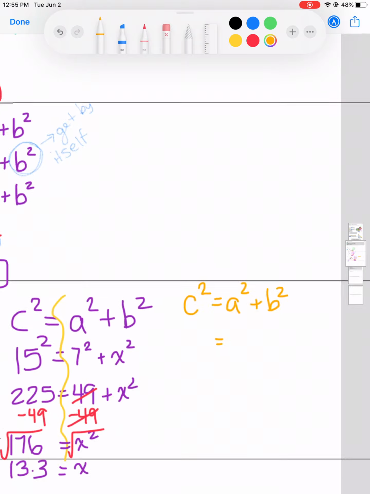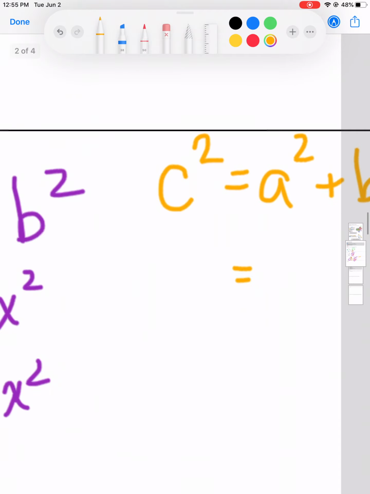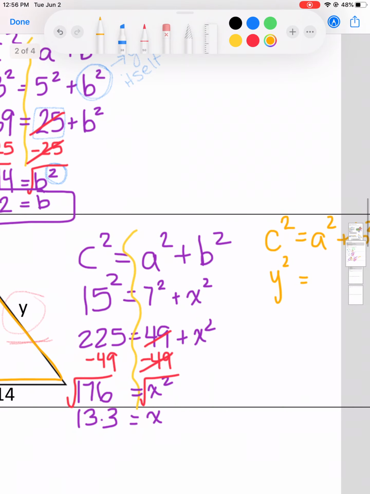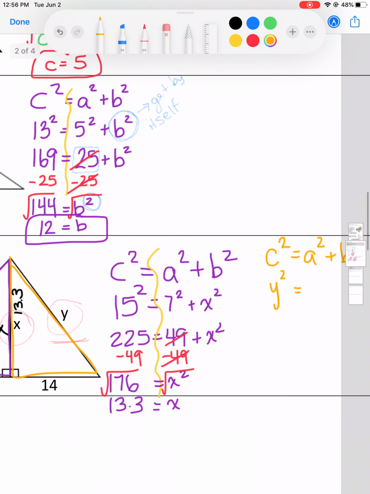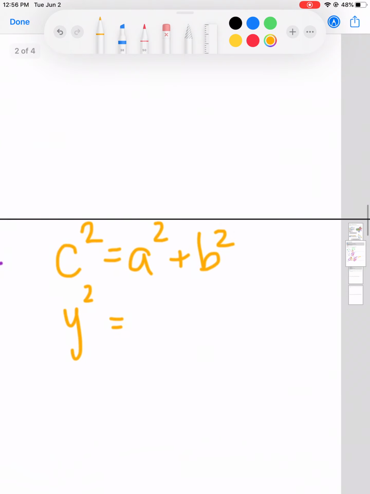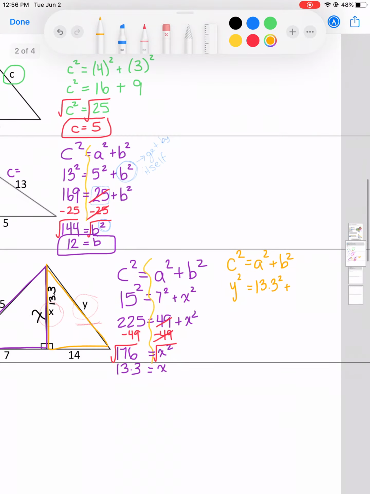Sweet. Okay. C squared, we have it labeled as y, so I am going to put that as y. A squared, again, it doesn't matter, so I'm going to throw in my 13.3. And what's my b? It is 14.